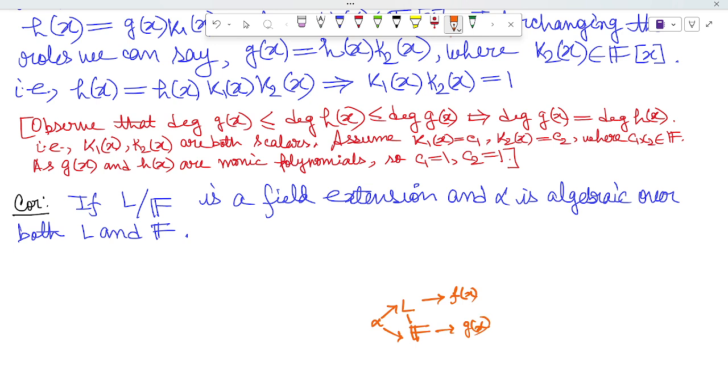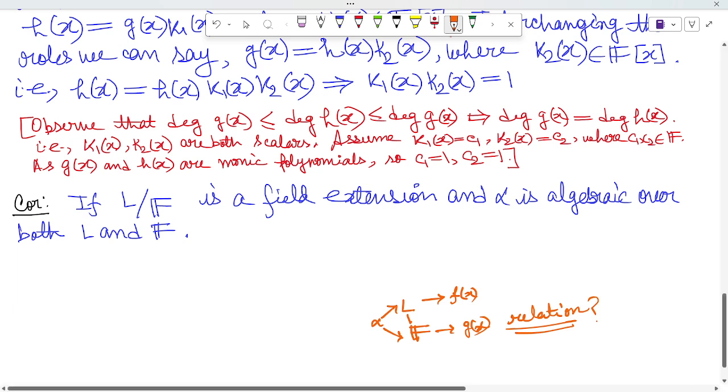Now, is there any relation between f(x) and g(x)? Intuitively, f(x) will divide g(x).